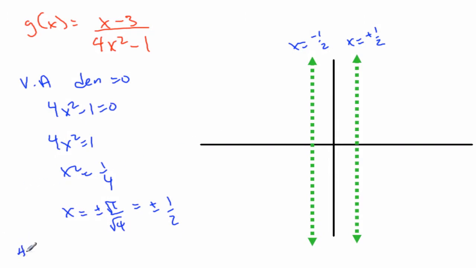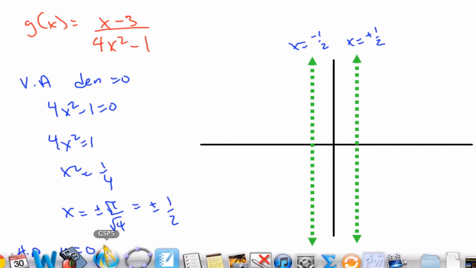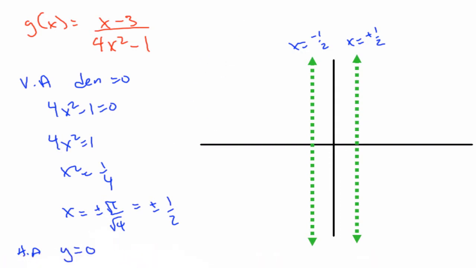For my horizontal, I look at my powers, or the degree of the top and the degree of the bottom. The degree of the bottom is bigger than the degree of the top. So therefore, y equals 0 is my horizontal asymptote. And so I have this asymptote here.